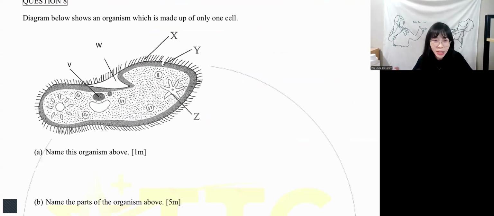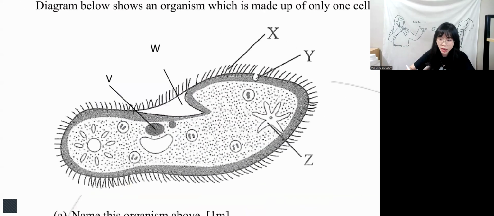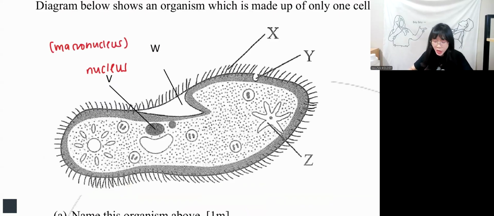Okay, now V, W, X, Y, Z. We start with V. V is the bigger one, right? We have two things together here. We have a big nucleus and a small nucleus. The big nucleus is called macronucleus, correct? In exam, you can just write nucleus because your textbook only writes nucleus. Okay, W is what?